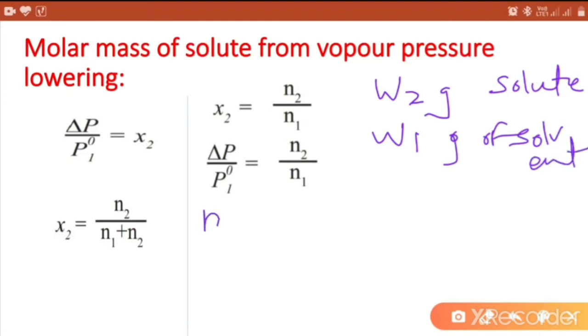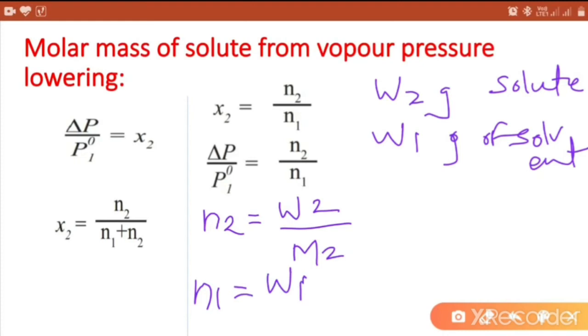So the number of moles of solute n2 is w2 by capital M2, and n1 is equal to w1 divided by capital M1, where w2 is the mass of solute, M2 is the molar mass of solute, w1 is the mass of solvent, and capital M1 is the molar mass of solvent.